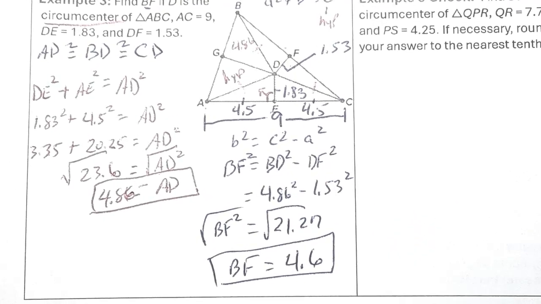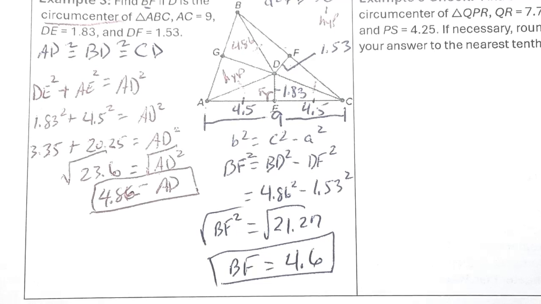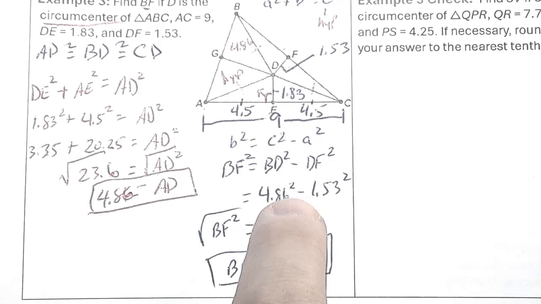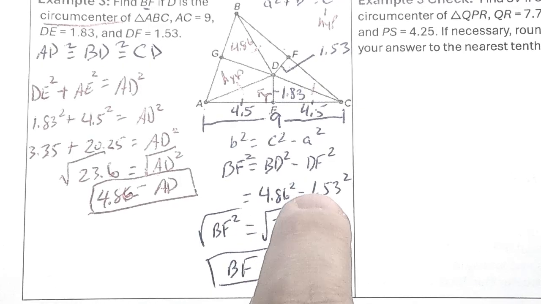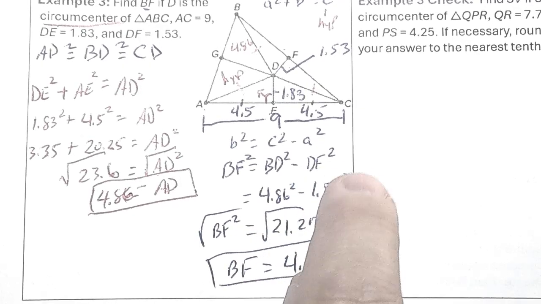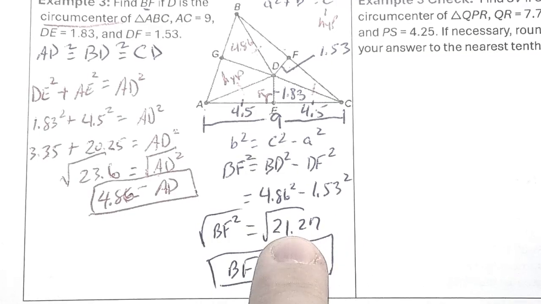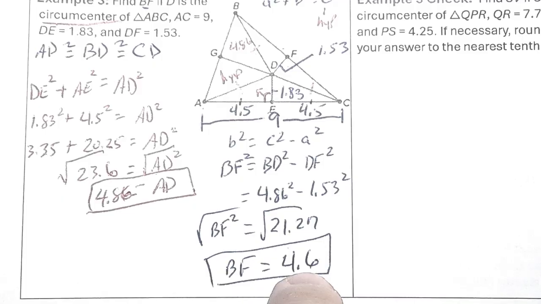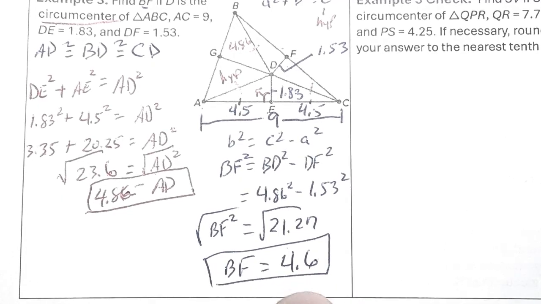If you take the calculator we use in class, or any phone, and just type in 4.86, hit the square button, minus 1.53, hit the square button, then equals, it'll give you 21.28. Then you hit the square root button, and it'll pop out 4.589, so that's why we went 4.6.